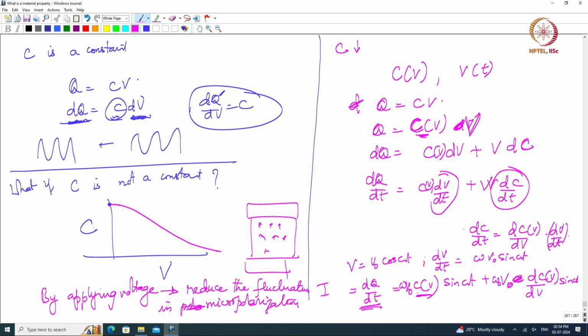if capacitance itself is changing with voltage, I do not uniquely get the capacitance. The current is a sum of the capacitance as a function of voltage and the variation of capacitance with voltage. So, my current depends on the capacitance as well as dC by dV.